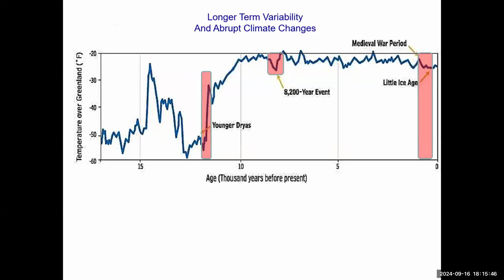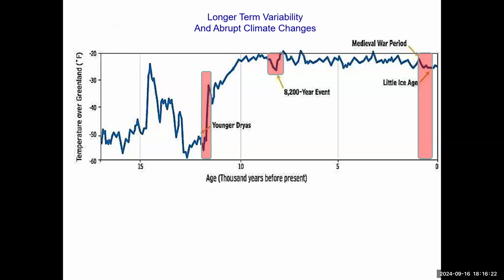Now, after the Younger Dryas, there was another event. We call this the 8.2K event, or 8,200 years ago. And according to the available data, at the beginning of this cooling, temperatures shifted very rapidly, and the Greenland ice cores show a temperature drop around 3.3 degrees centigrade, which is huge.